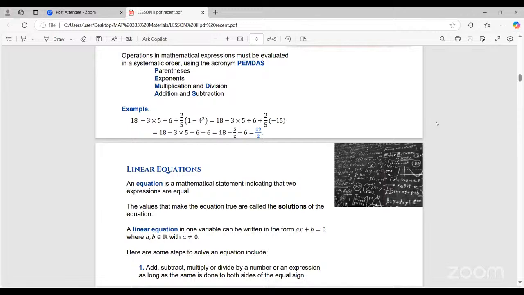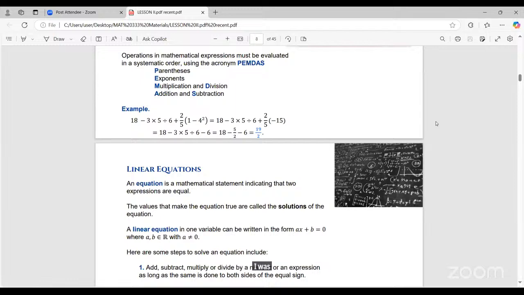Our 2 over 5 is missing here. We have 3 times 5 divided by 6 plus 2 over 5 into 1 minus 4 squared. So we have 2 over 5 minus 15.